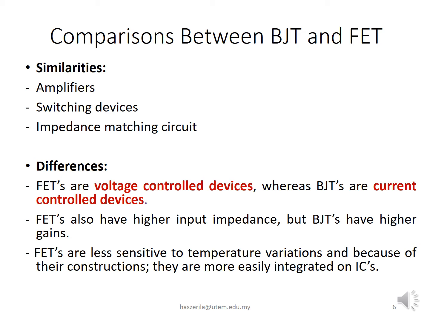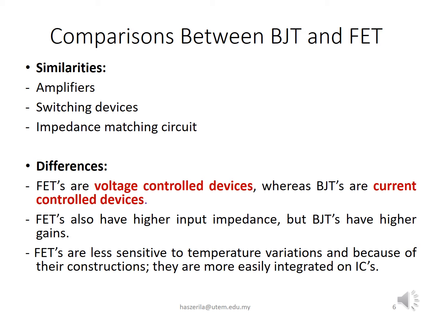Comparisons between the BJT and the FET. The similarities of both components are in the application. They are used in amplifiers, switching devices and impedance matching circuits. The differences between both components are that FETs are voltage control devices which are controlled by the parameter VGS, whereas BJTs are current control devices which are controlled by IB.